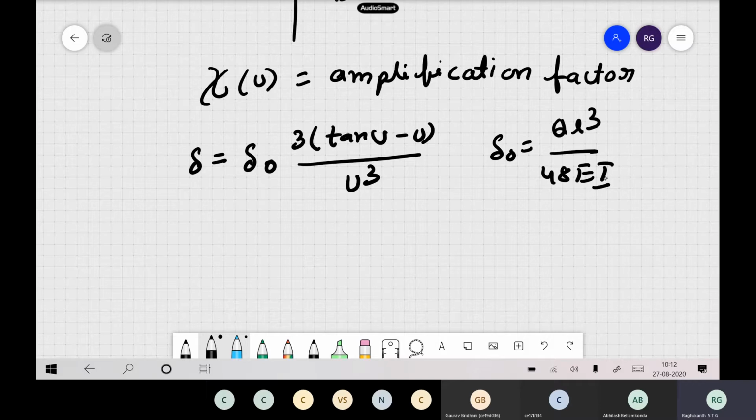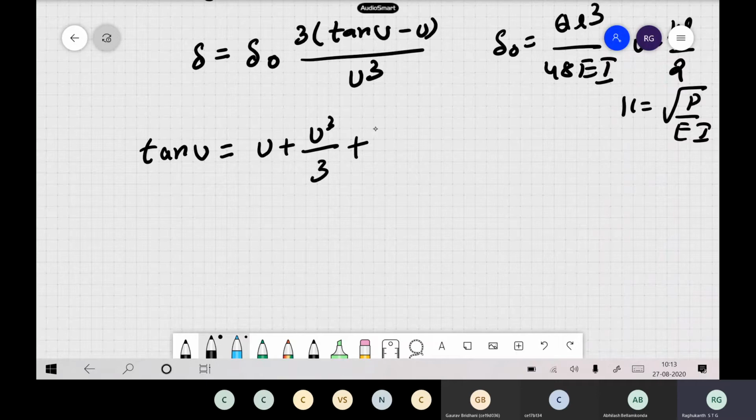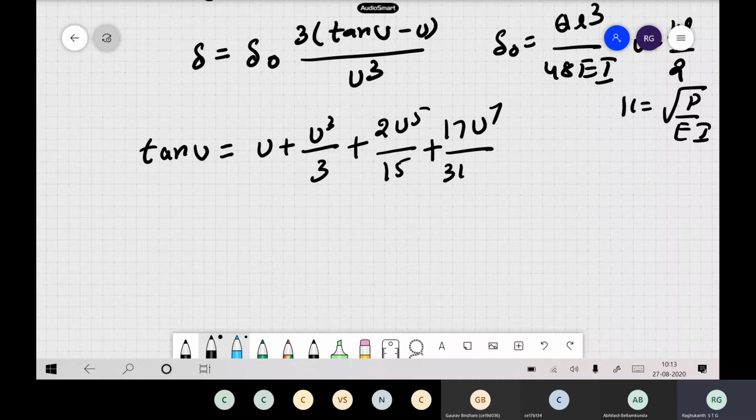Here u is equal to KL by 2, and k is the root of P by EI. Now tan u, if you expand it in a power series, is u plus u cube by 3 plus 2u to the power 5 by 15 plus 17u to the power 7 by 315.